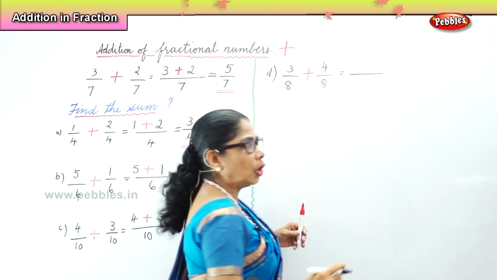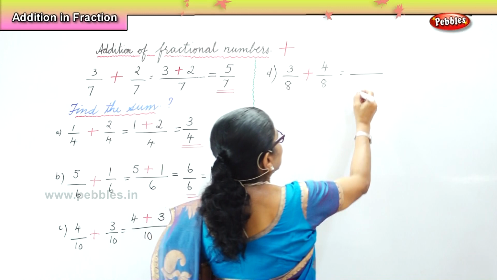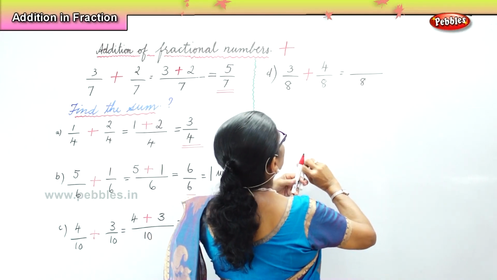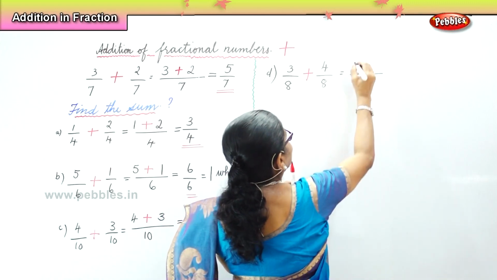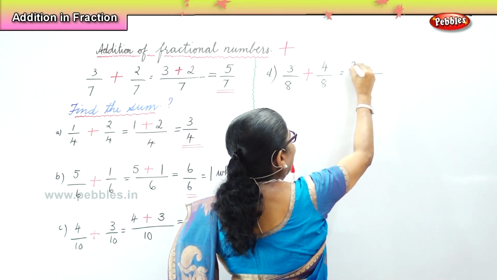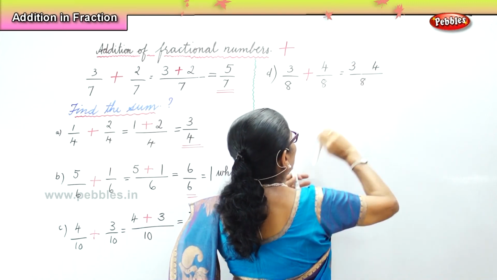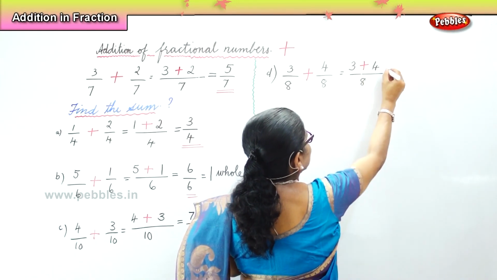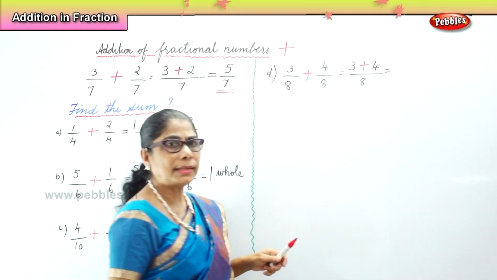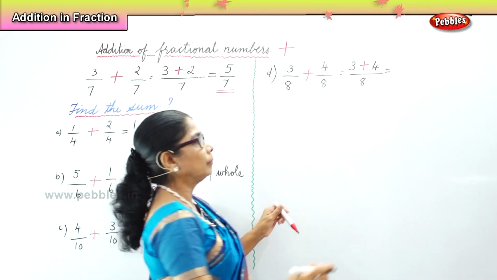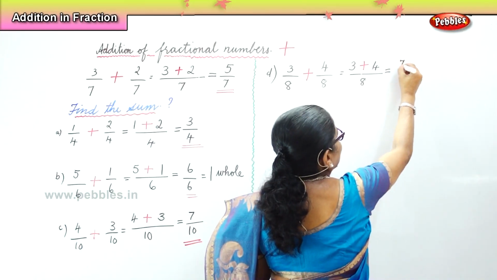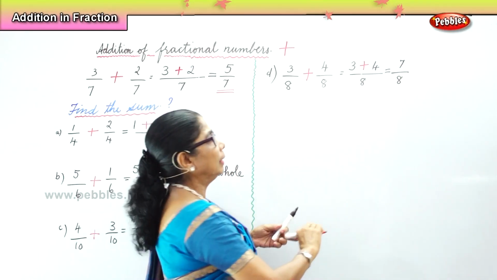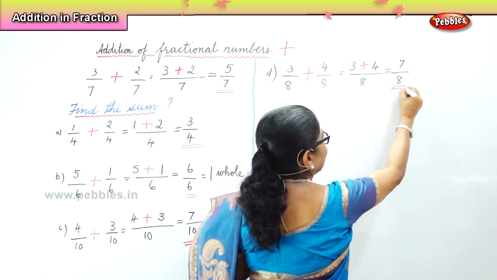The denominators are same, so put the denominator and the numerators we simply add, that is 3 plus 4. What is 3 plus 4? 3 plus 4 is 7 and then we put the denominator 8 and that gives us the answer.